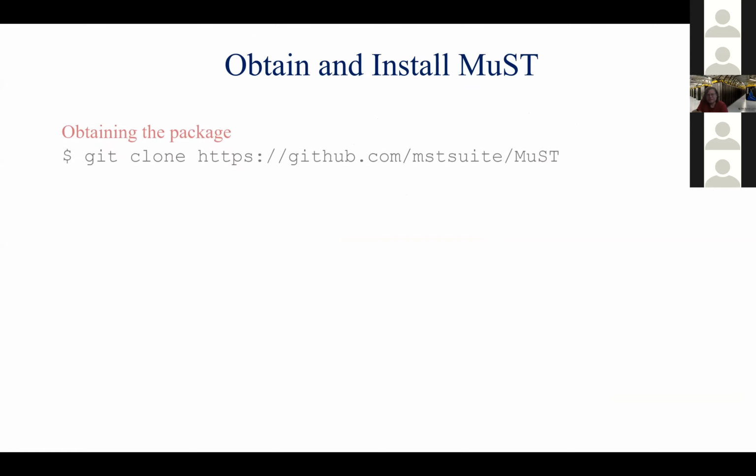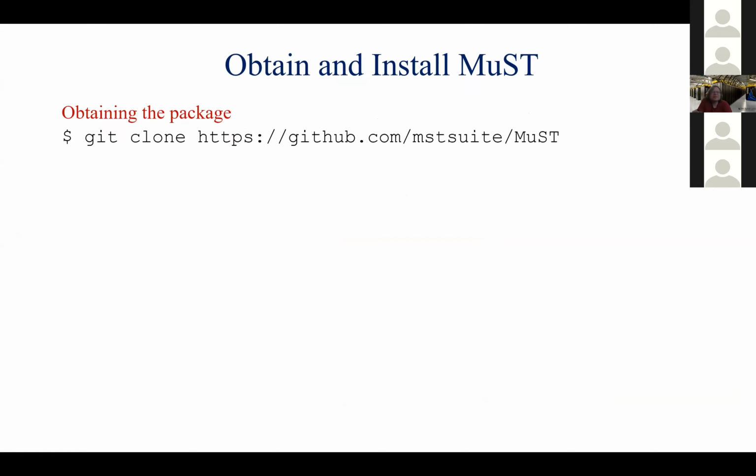So how do we obtain MuST? This package is open source and easy to obtain. It's on GitHub. All you have to do is, on your computer, laptop, or a terminal connected with a large cluster, type the command git clone and then the web link.